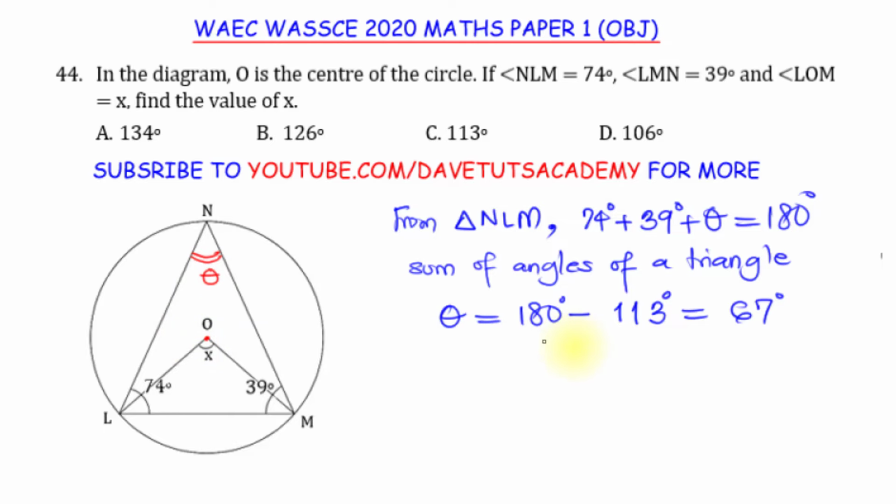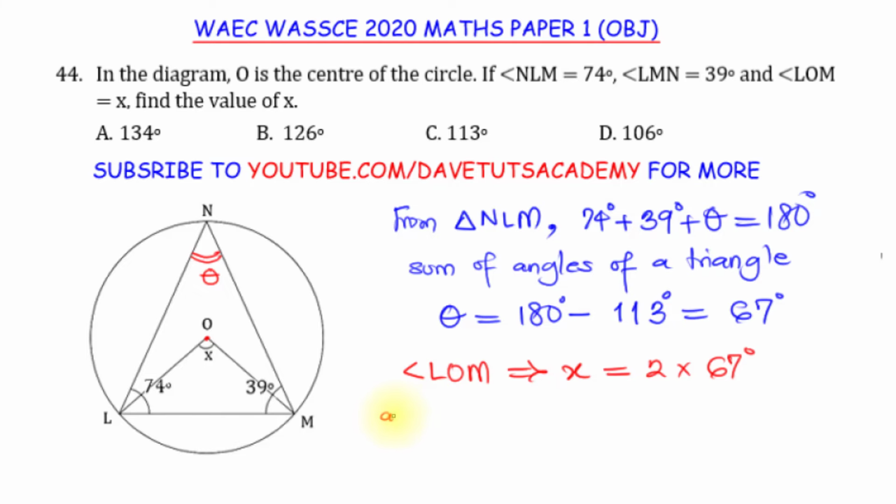Now, if this theta is 67, we can say angle x, which is angle LOM, is equal to 2 times 67 degrees. Why are we saying that?